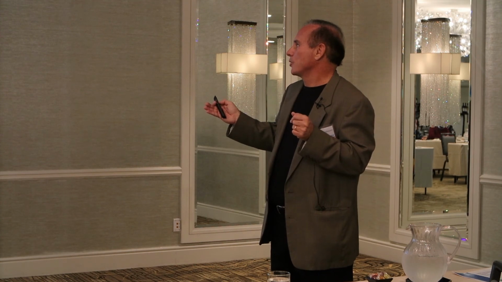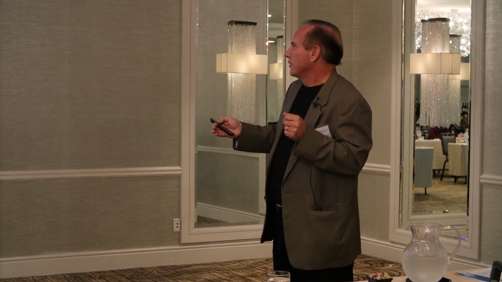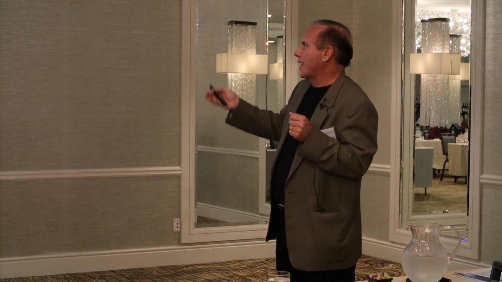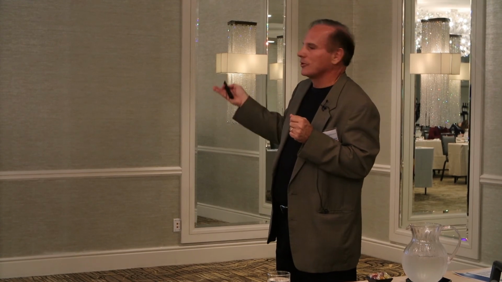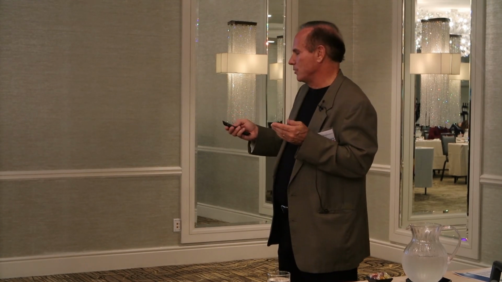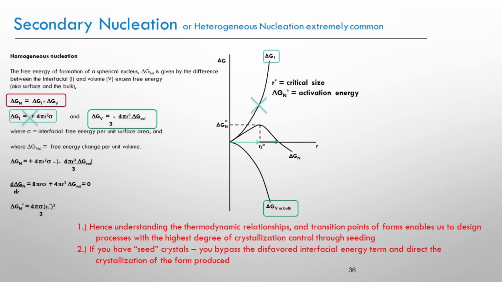You might not have to use it, but write in provisions for a seeding step in your final crystallizations for control purposes. If you remove that interfacial tension through seeding, you can direct the crystallization to the form that you desire. If you have seed crystals, you bypass the disfavored process of nucleation.